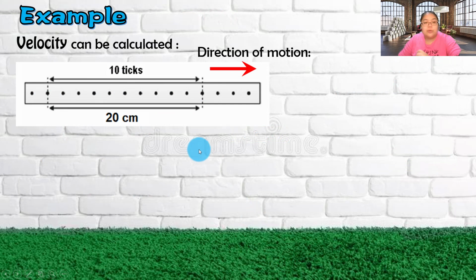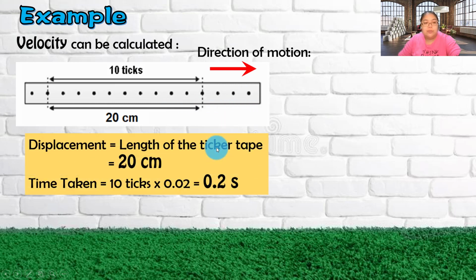Okay, now we need to calculate the velocity from the ticker tape. When you see this direction, it means this part should be pulled out first. This one is the initial, this one should be the final. So when you see the dots at almost constant distance, we can say uniform velocity. Okay, now we need to do the calculation.